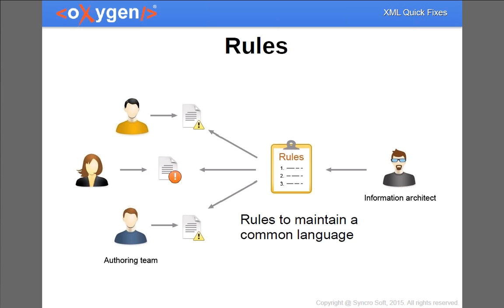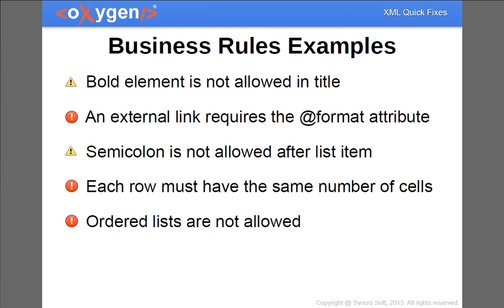But they can also impose some custom rules, like for example, bold is not allowed in the title, or an attribute is required on an element, or semicolon is not allowed after a list item, or a more complex one like each row must have the same number of cells, ensuring the table layout is correct.